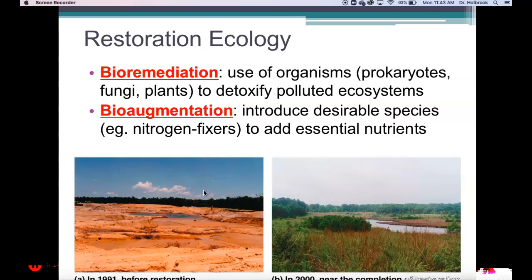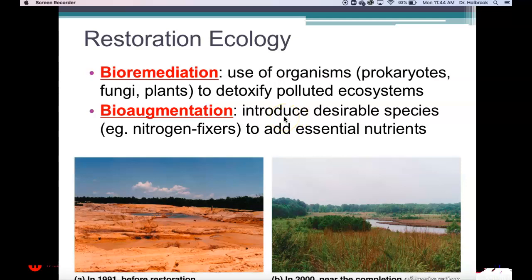Bioaugmentation is when environmental scientists introduce desirable species to add essential nutrients. They'll add nitrogen fixers into an ecosystem. The difference between bioremediation and bioaugmentation is that in bioremediation you're using an organism to remove something from that ecosystem, while in bioaugmentation you're using an organism to add something to that system.